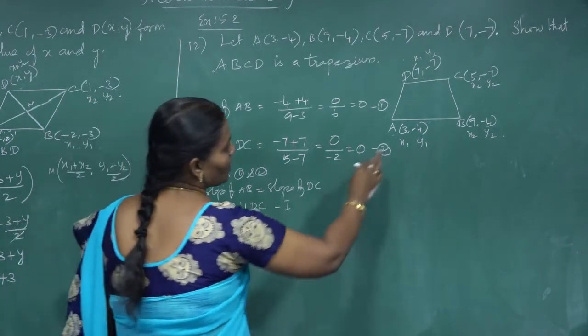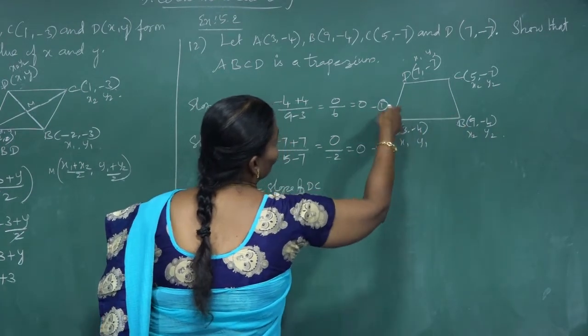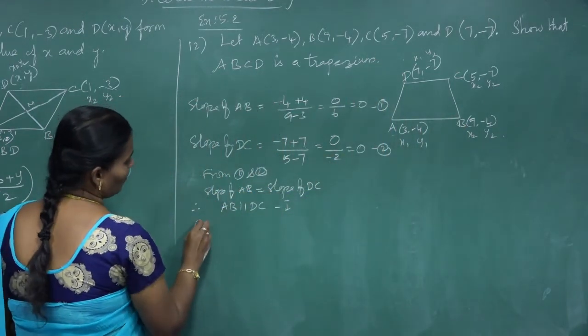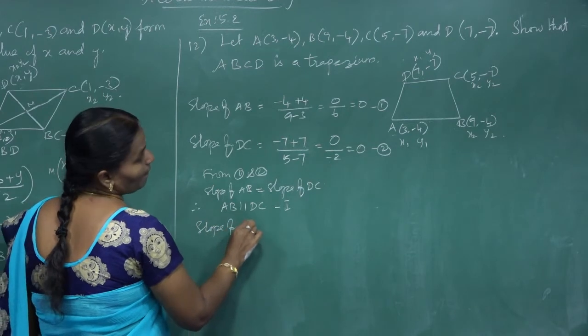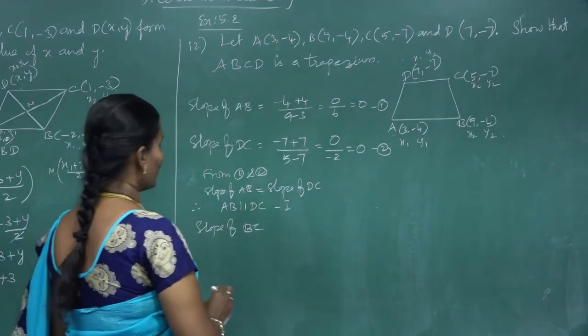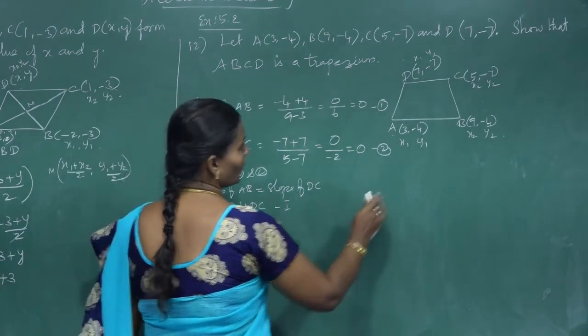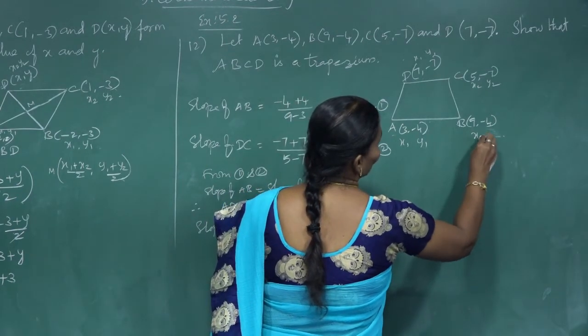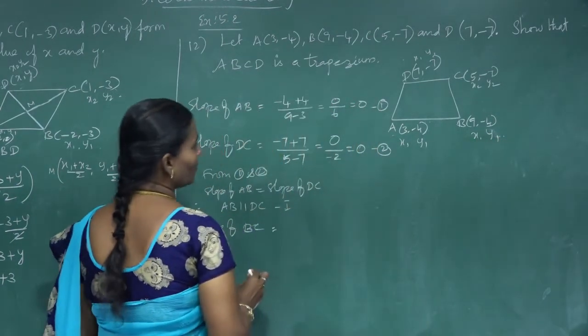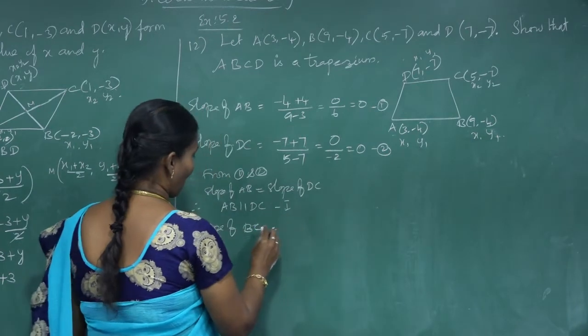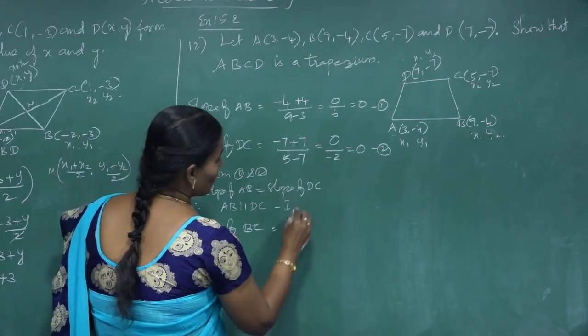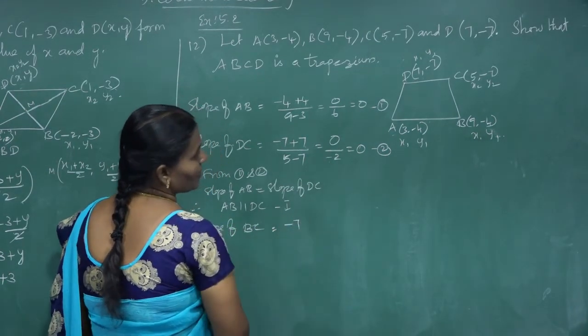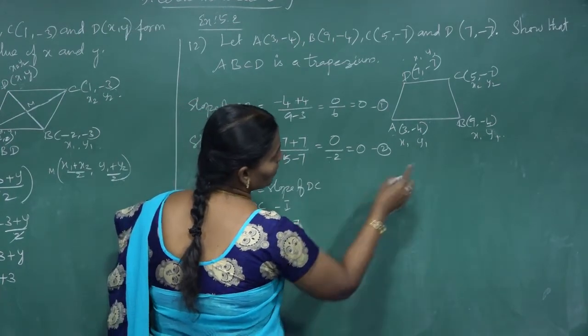Then we see the slopes of BC and AD. So now find out the slope of BC. See here x1, y1. So y2 is minus 7, then y1 is minus 4.